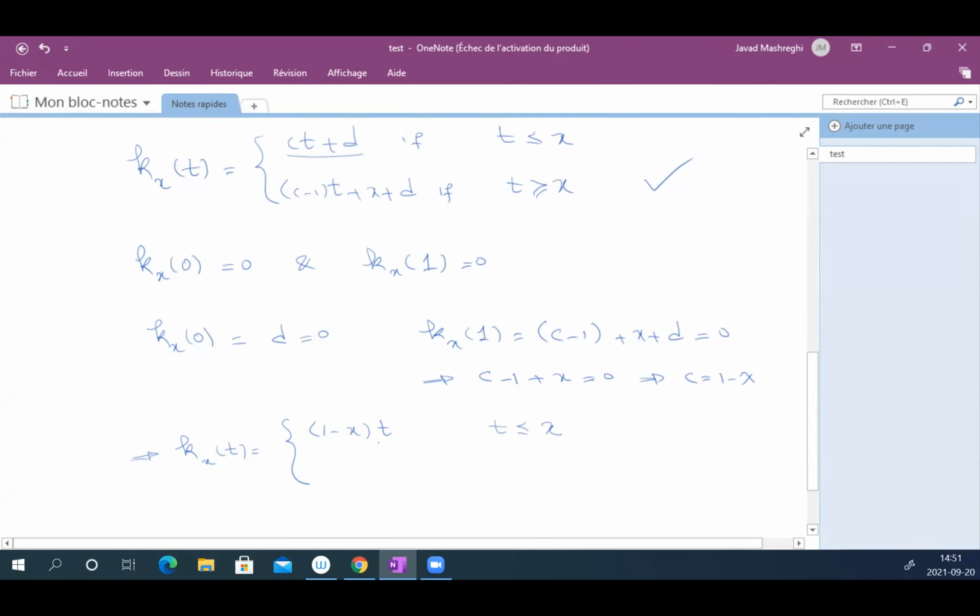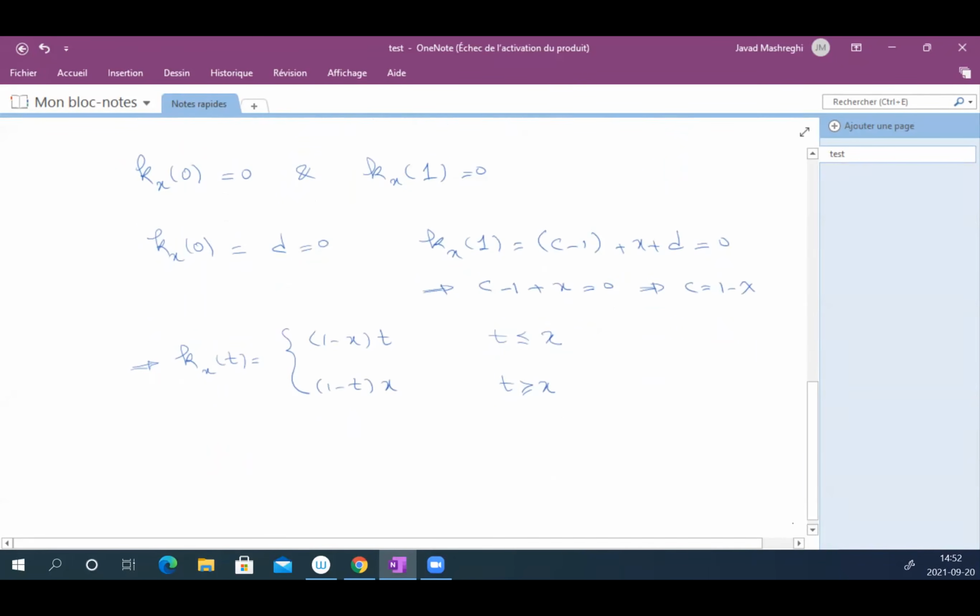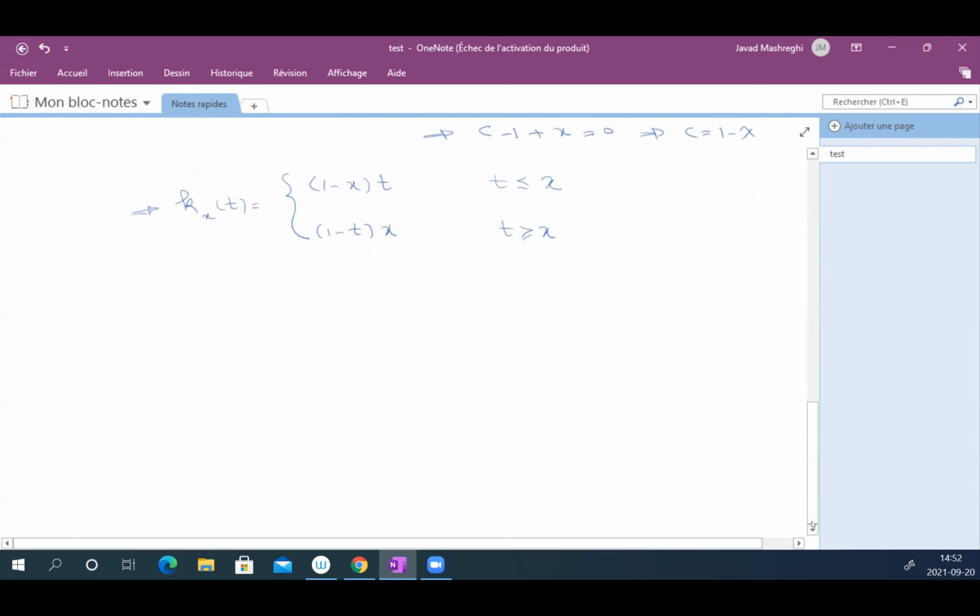C is 1 minus x times t, and for t bigger than or equal to x, d is 0, c minus 1 is minus x, so it's minus xt plus x, which I write as 1 minus t times x. So that's the formula we obtained for kx. And now you see the advantage of this. This is also equal to k of t and x, if you wish, the formula for capital X.